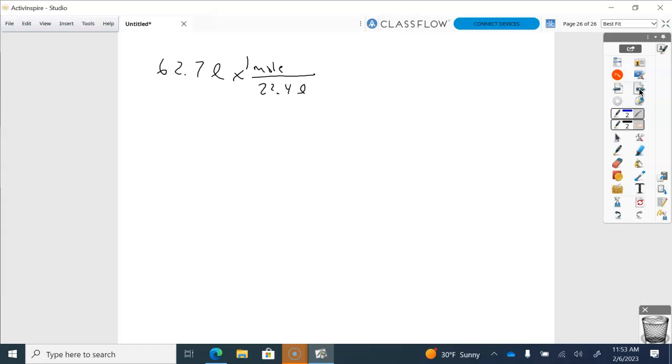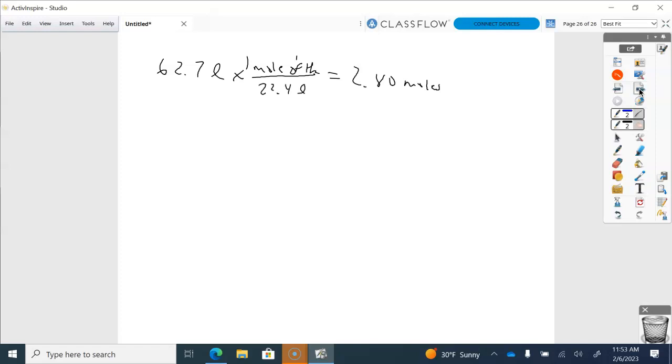It's a gas, correct? So that's 1 mole of H2. I do 62.7 divided by 22.4 and get 2.80 moles. Good so far?